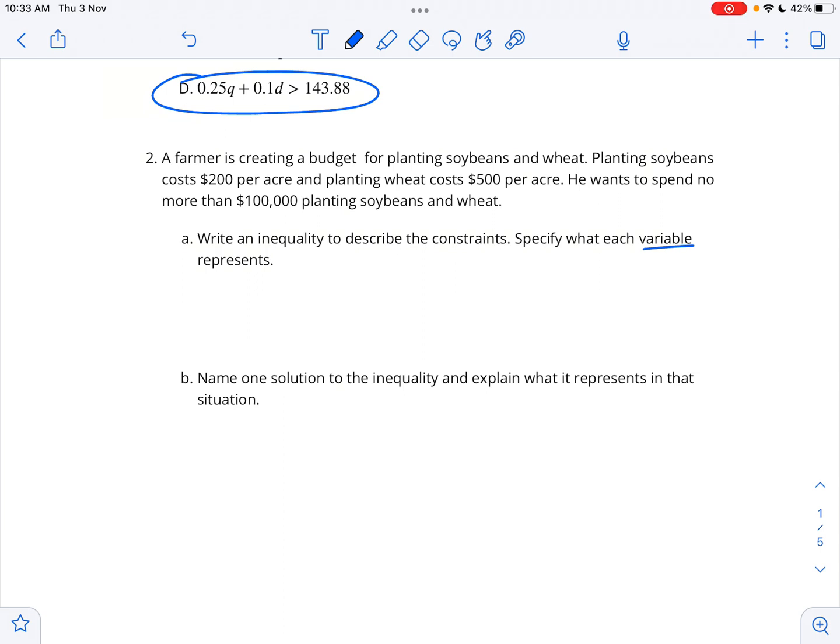So we're going to go ahead and use S for the acres of soybeans. If you didn't know, an acre is a measurement of land, like square meters or something like that. And then the other one is wheat, so we'll use W for the acres of wheat.